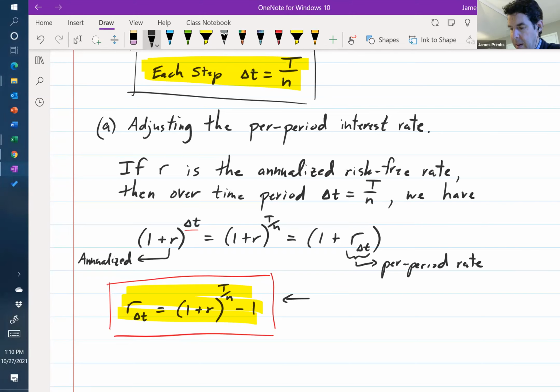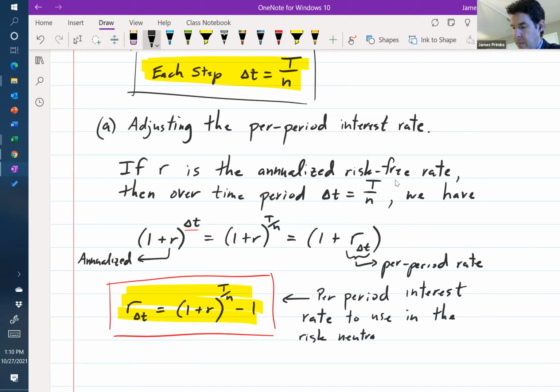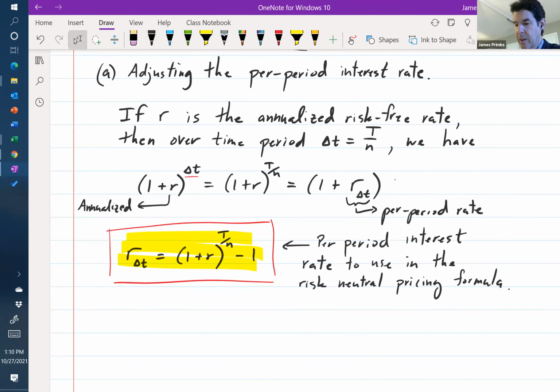So this is the per period interest rate to use in the risk neutral pricing formula. This is the one that you're going to use.